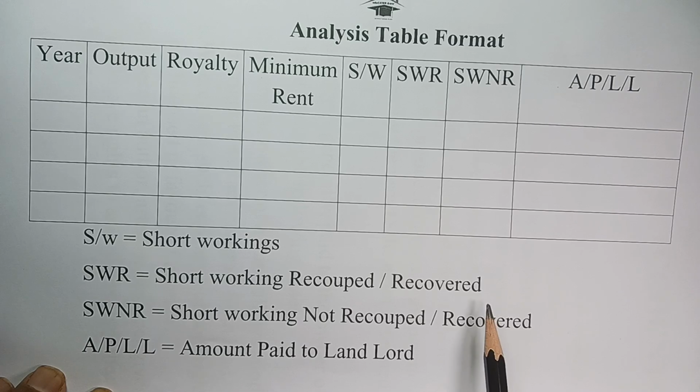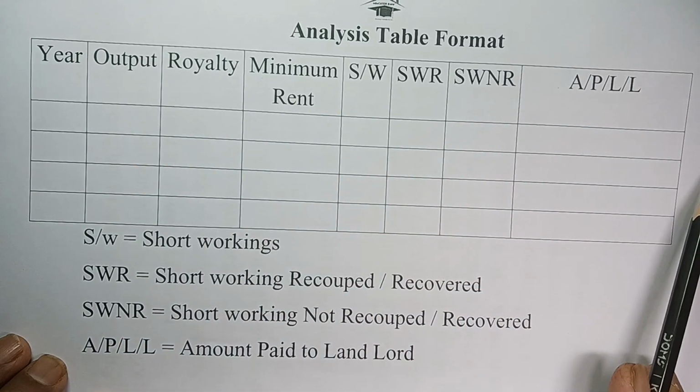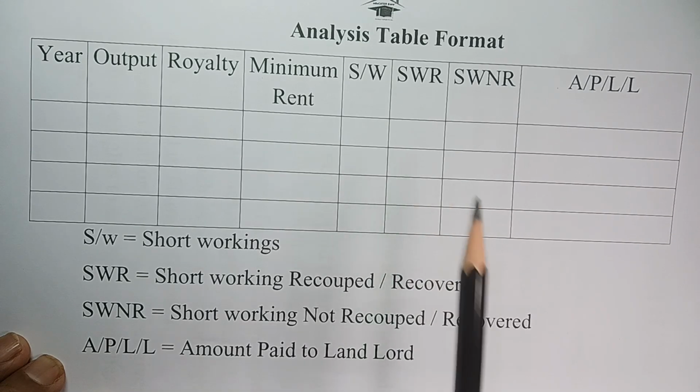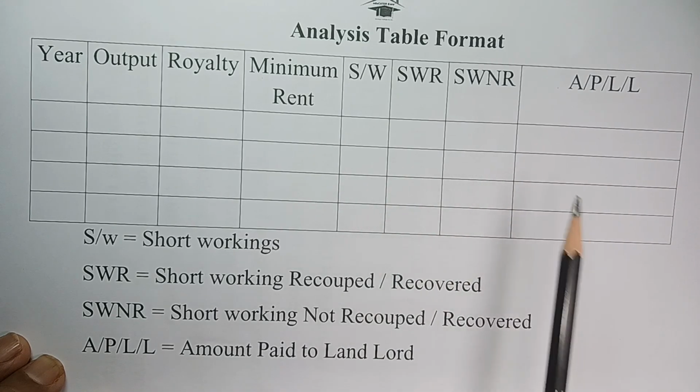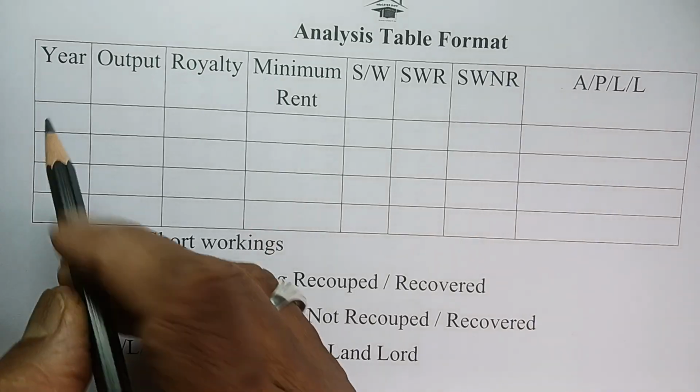Recovered is easy for the students, that's why I have said recovered instead of recouped. SWNR, short working not recouped or recovered. APLL, it is called amount paid to landlord. So in this format, first you have to prepare the table. Unless you prepare this table, neither can you pass journal entries, nor can you prepare ledger accounts, right?